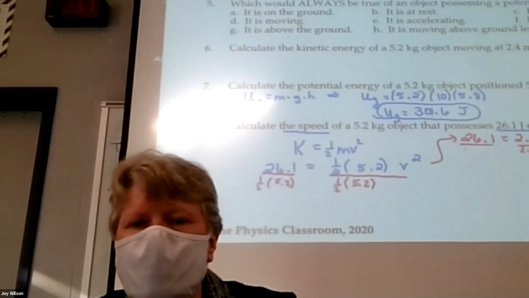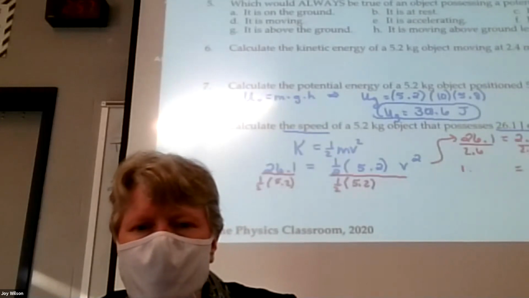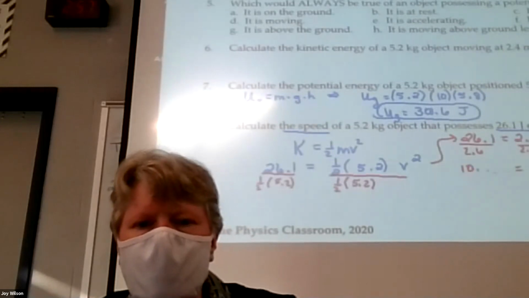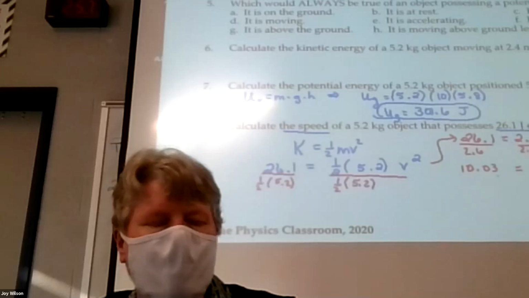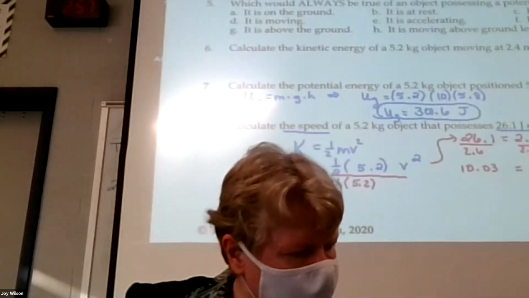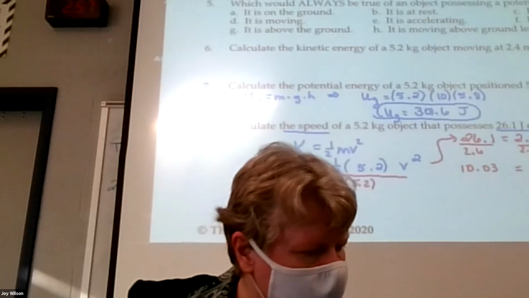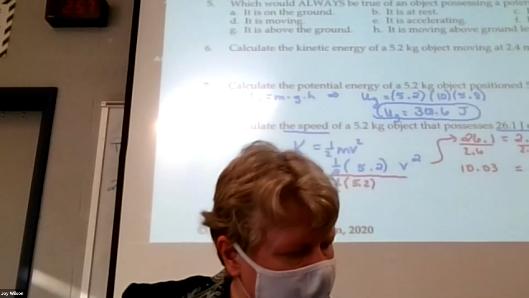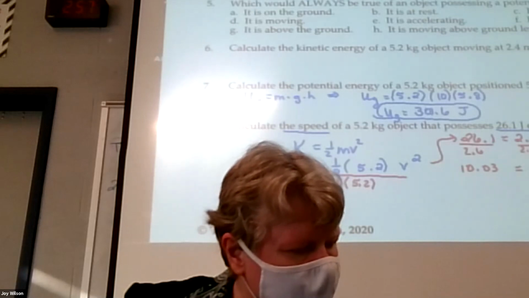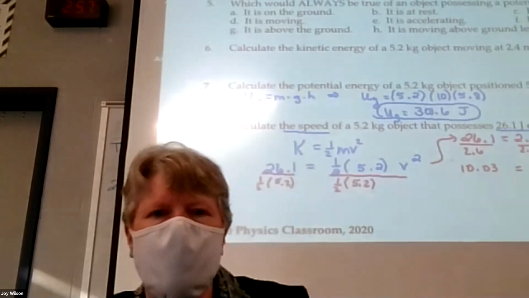That's a personal preference. So v squared equals 10.03, I think. So what I got? 26.1 divided by 2.6. 10.04 actually.